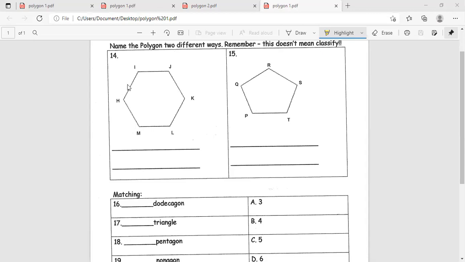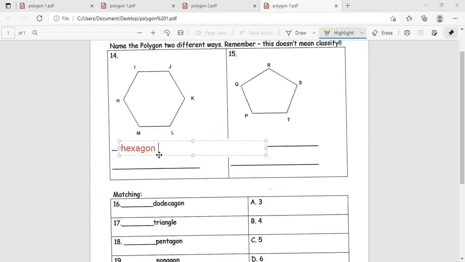Then please tell me what is the name for this figure? How can we name it? Hexagon. This one is a hexagon, because it consists of six sides. So in this question, we will count the sides first: 1, 2, 3, 4, 5, 6. So it's a hexagon, right?